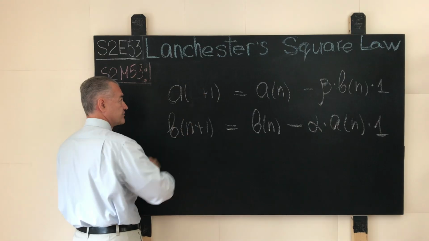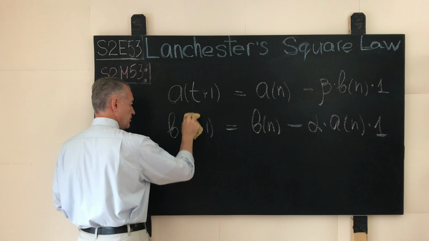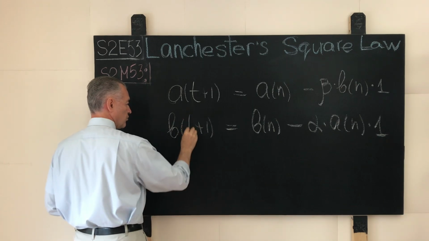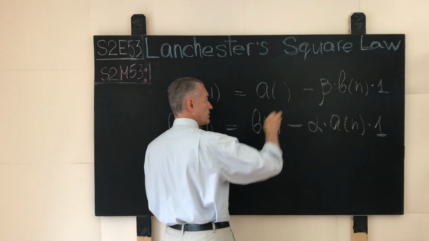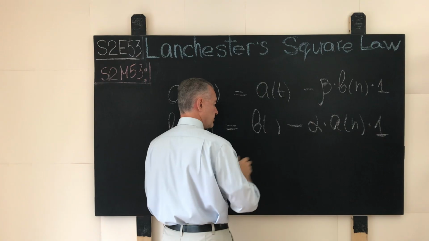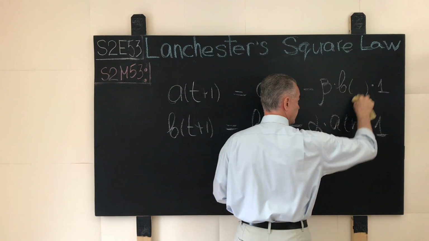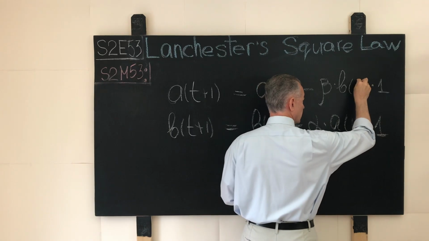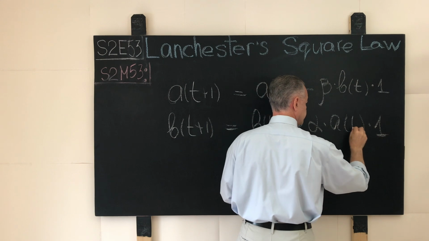Well, n is replaced with our favorite variable t. Now t is modeled with a real number, and real numbers are totally different and very complicated animals. So here everything becomes t.